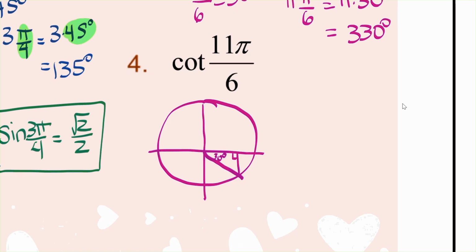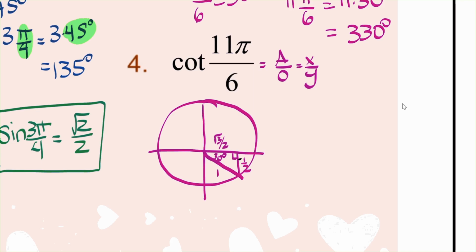I know across from the 30 is a half. And since I went down, it is negative a half. And then the other side is radical 3 over 2. That one is a positive quantity. Cotan of any angle is adjacent over opposite. It's also x over y.